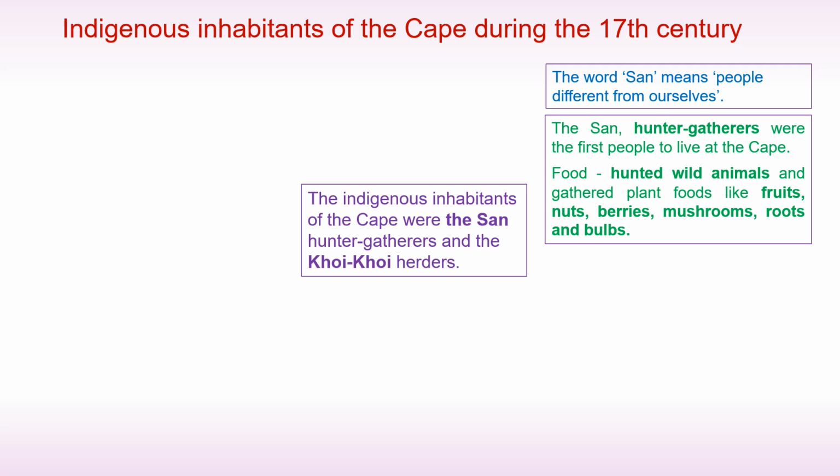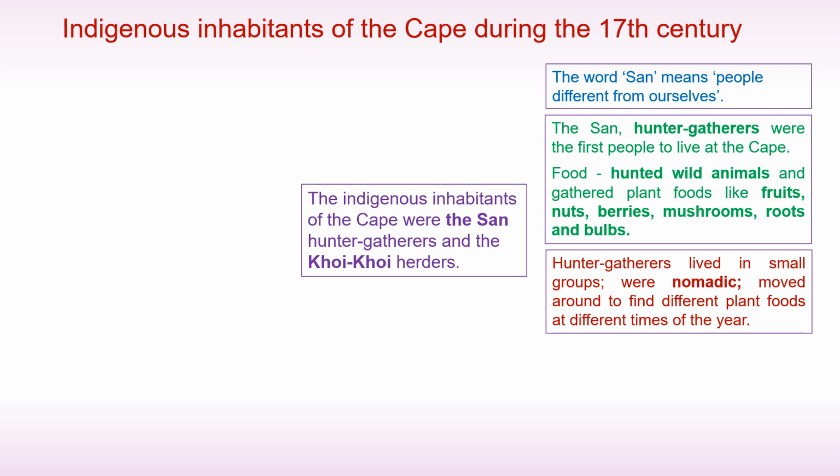They hunted wild animals and they gathered plants, and they ate plant foods such as fruit, nuts, berries, mushrooms, roots, and bulbs. Now, the San people were nomadic, and they moved from place to place depending on the seasons of the food that was available at different times of the year.